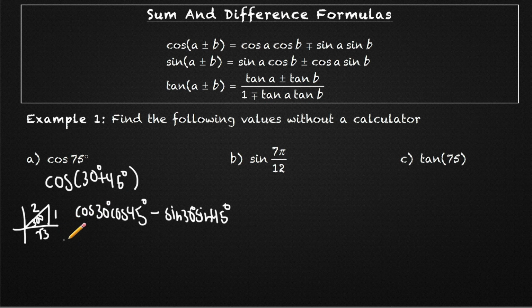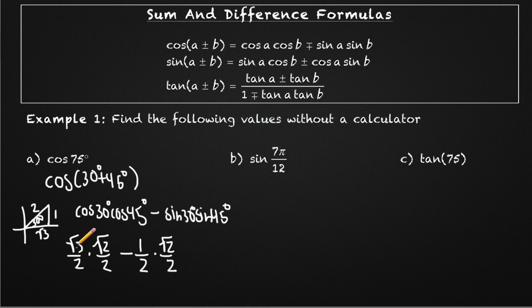All right, cosine of 30 is going to be your adjacent over your hypotenuse. That's going to be root 3 over 2. Cosine of 45, well, that's just going to be root 2 over 2 whenever you work out the triangle. And then sine of 30 is going to be 1 over 2, opposite over hypotenuse. And then sine of 45 is the same as the cosine of 45, so root 2 over 2.